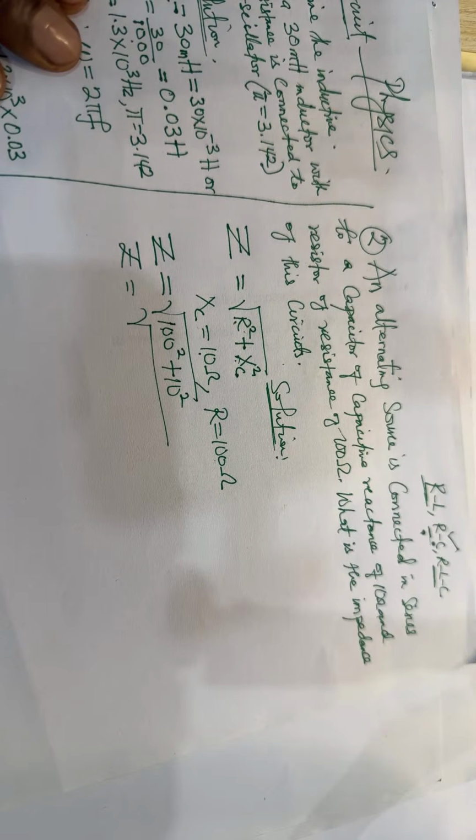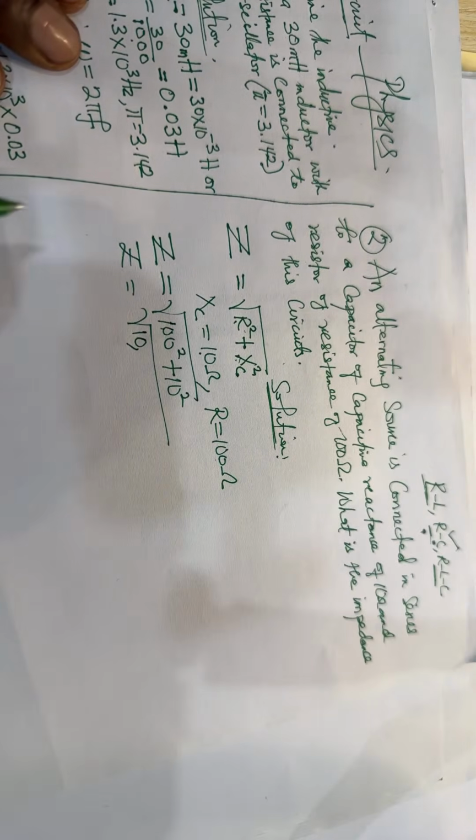Somebody said 100 squared is 1000. You see where the problem comes from. Somebody said 100 squared is 200.